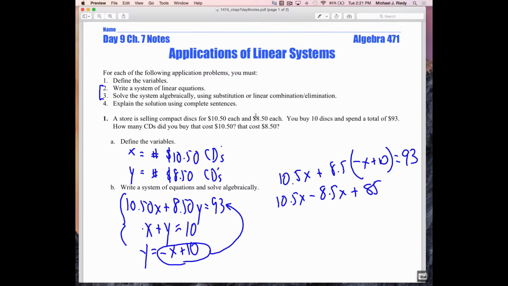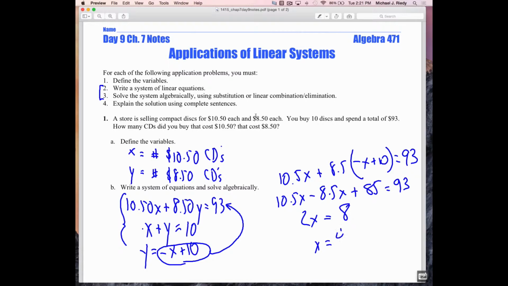Just move the decimal place over. What's next? Subtract. What's 10.5x minus 8.5x? 2x. Subtract 85 from both sides, so 93 minus 85 is 8.